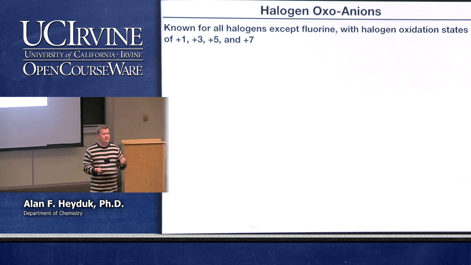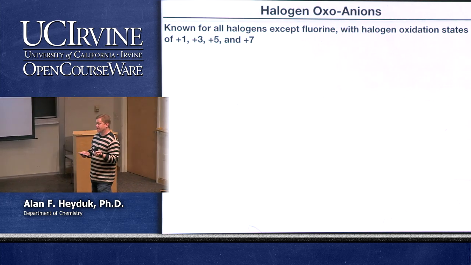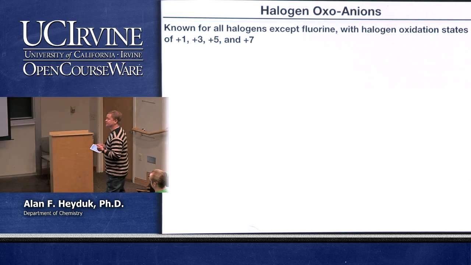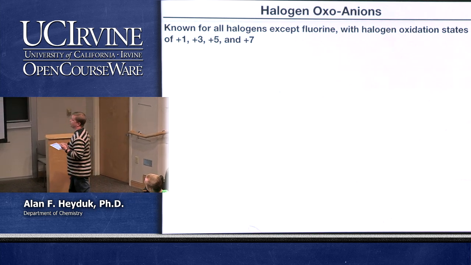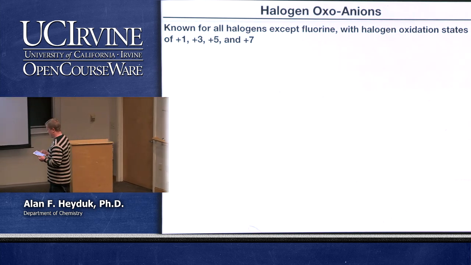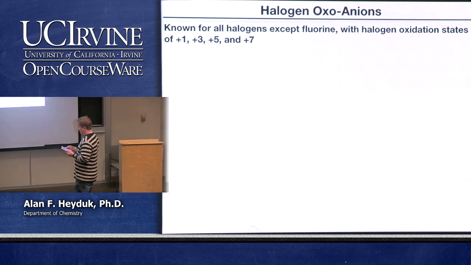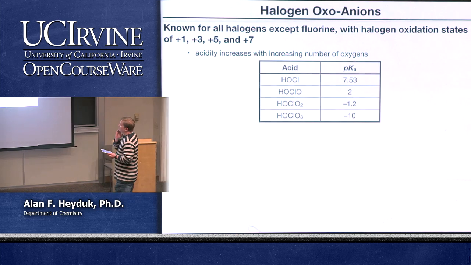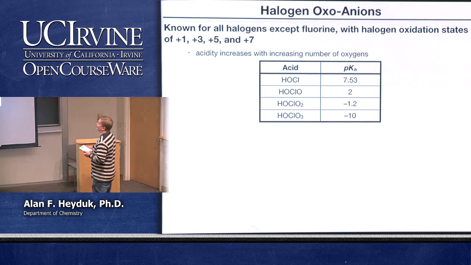There are also oxo-anions of the halogens, well, all of them except fluorine. Okay, as I mentioned, oxygen is the second most electronegative element on the periodic table, and so it can oxidize various halogens, and it forms an important class of anions. So there's a whole host of oxo-anion acids.